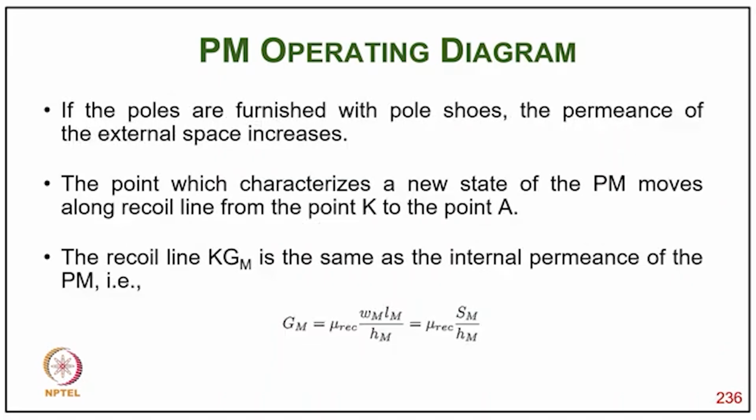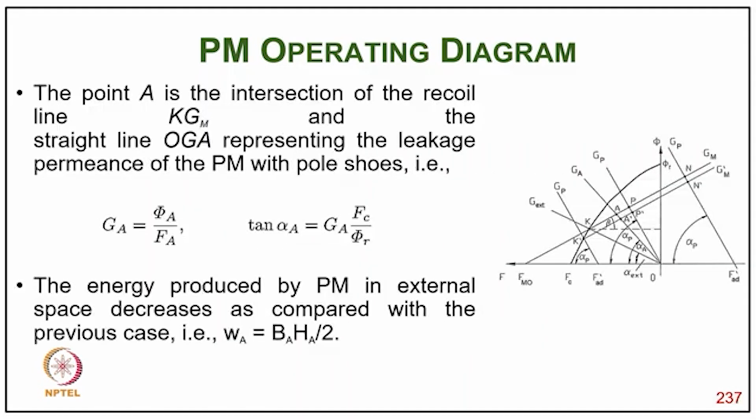So, if the poles are furnished with the pole tips, the permeance of the external space increases. So, the point which characterizes the new state of the permanent magnet moves along the recoil line from the point K to point A, and the recoil line K Gm has the same slope as the internal permeance of the PM. So, Gm equals mu recoil mu0 Sm divided by Lm, or mu recoil equals Bm upon Hm.